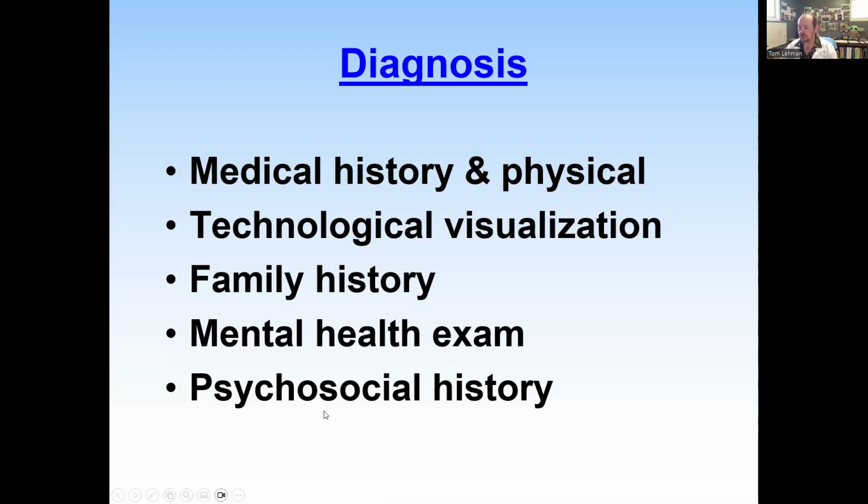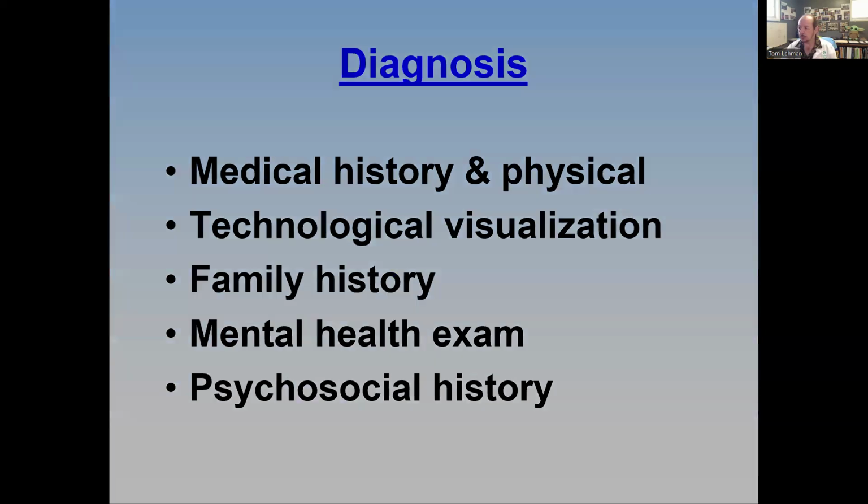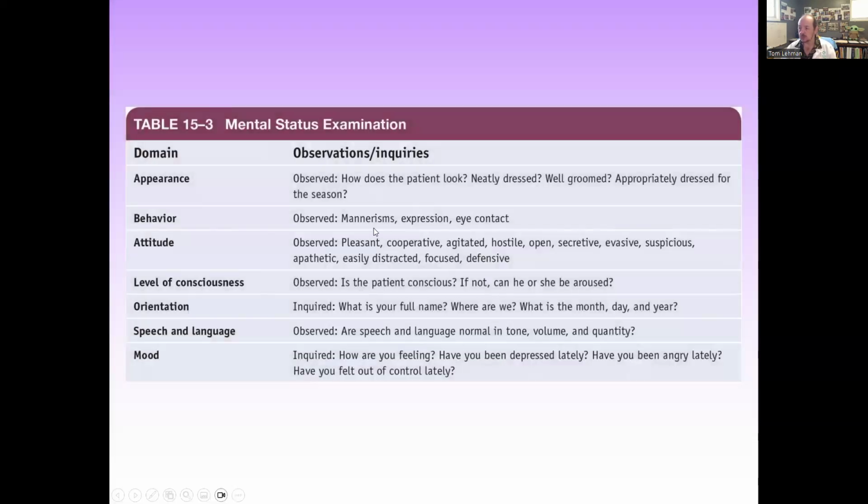Mental health exam and a psychosocial history are pretty much unique to this chapter, and that's where I show you a few tables from the book demonstrating some surveys you could have the person fill out, or some of the things that you as the healthcare worker would observe that could be beyond what you would normally do for something where you're suspecting purely a respiratory issue or a cardiovascular issue.